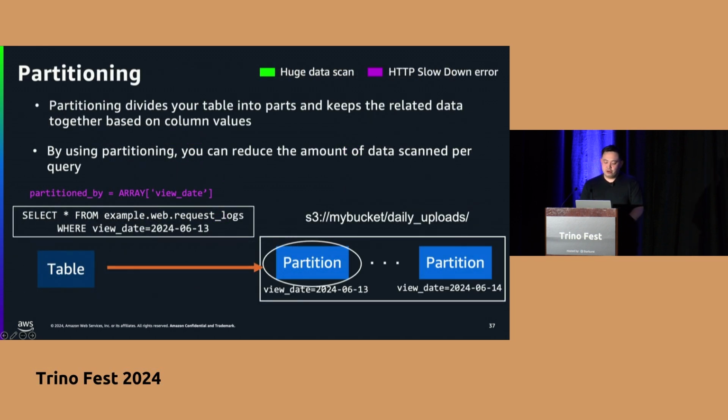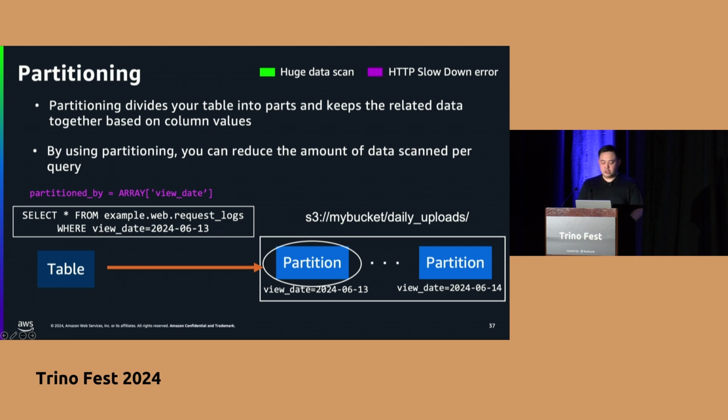Partitioning is a solution for huge data scan and HTTP slowdown error. Partitioning divides your table into parts and keeps the related data together based on column values. So by using partitioning, you can reduce the amount of data scanned per query. Without partitioning, if you query a table, Trino essentially reads all data under the S3 path of the table.